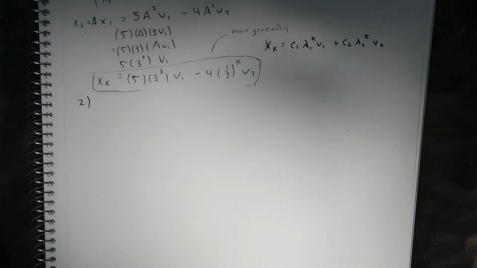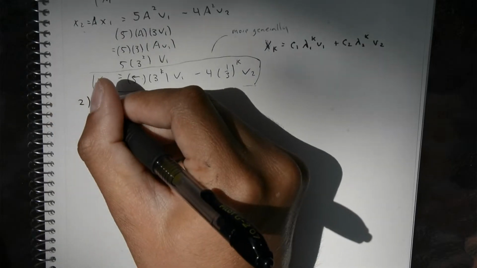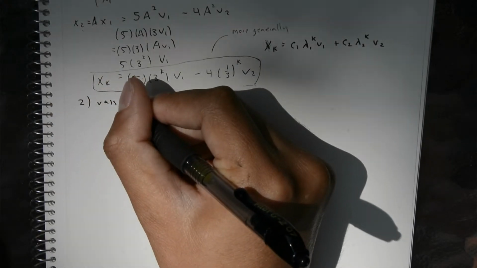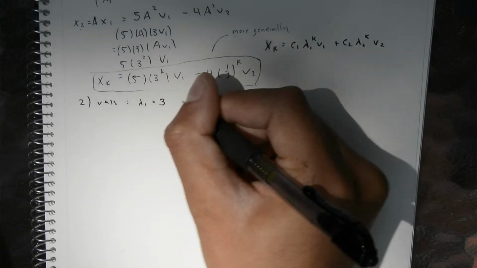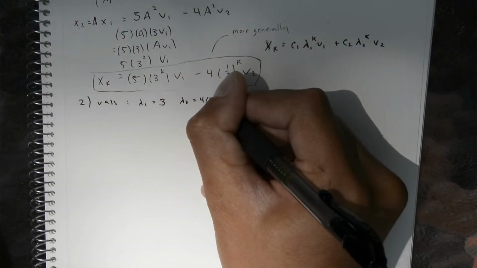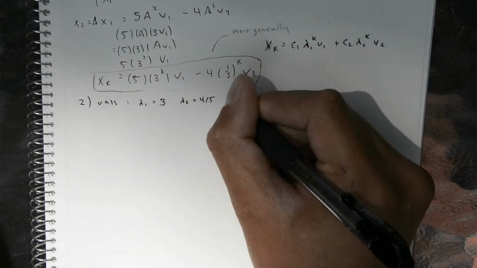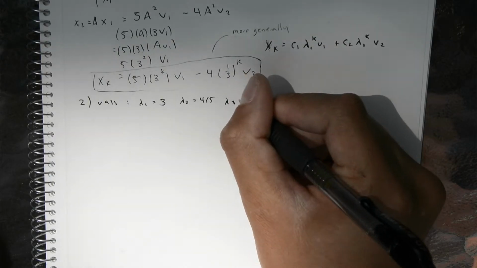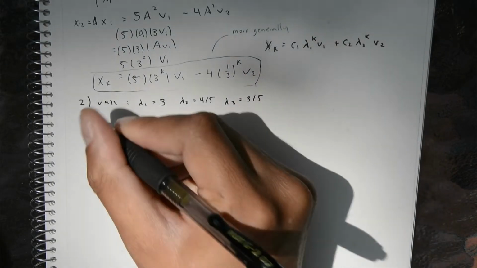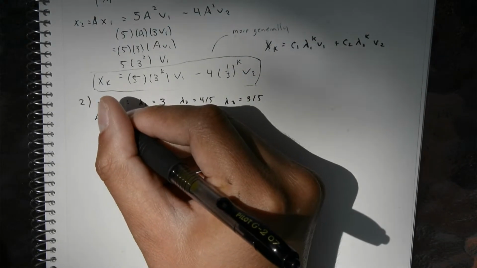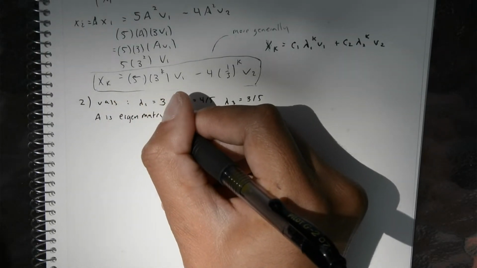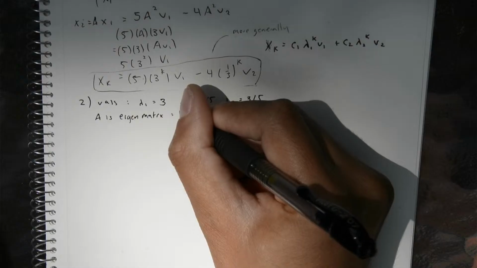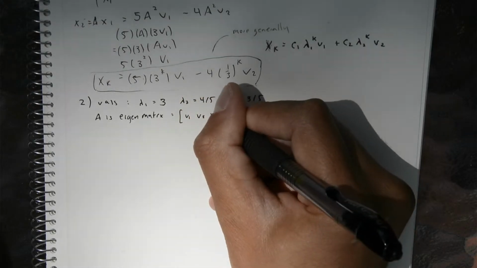I'm just going to say that we have the eigenvalues lambda 1 equals 3, lambda 2 equals 4/5, and lambda 3 equals 3/5. Then we have A, the eigenmatrix, equal to V1, V2, V3.